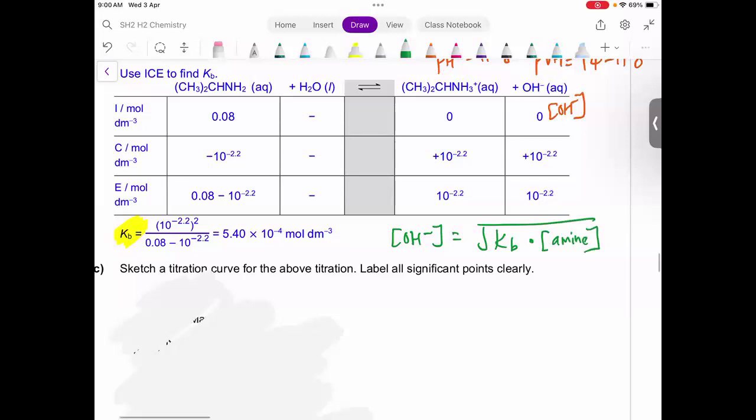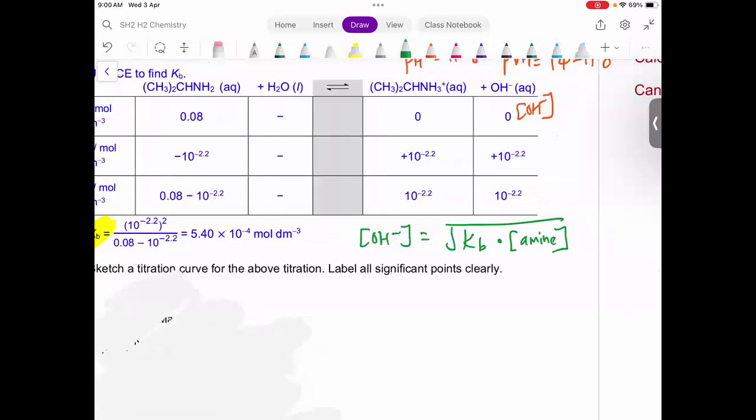Whenever you use this expression, you are always using the initial concentration, which is the one before dissociation. But in the calculation that we are doing here, we are using the equilibrium concentration instead. So the value that you have calculated here is somewhat close.